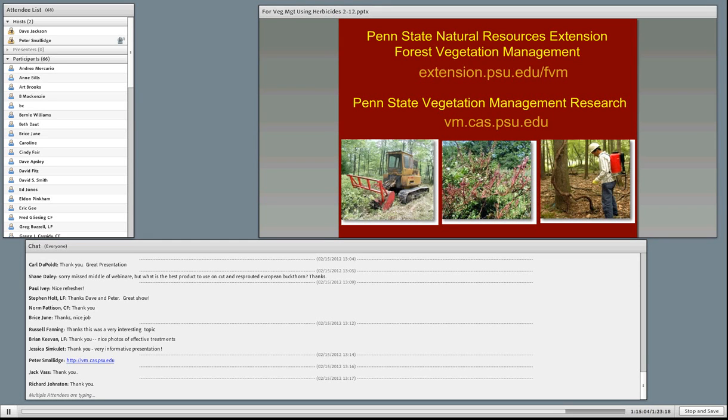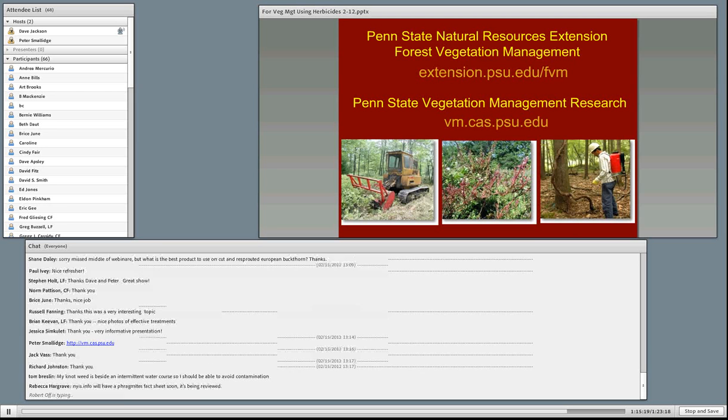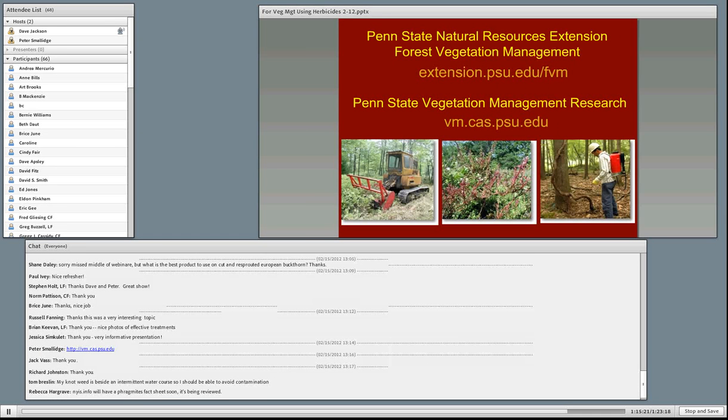Lee asks, does basal bark really work all year long? He's concerned about difficult to kill species such as Ailanthus. Okay, well, let's talk specifically about Ailanthus, because Ailanthus is one of those that we cannot treat year-round no matter what method we're using, because Ailanthus is such a vigorous root-suckering tree.